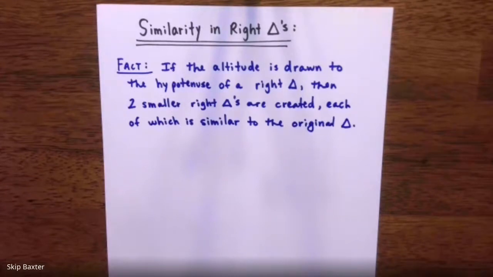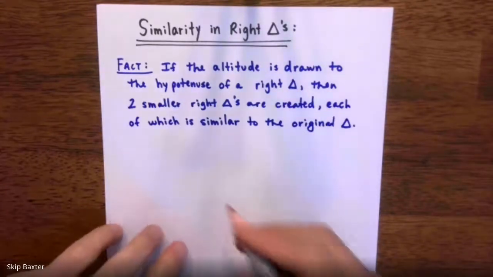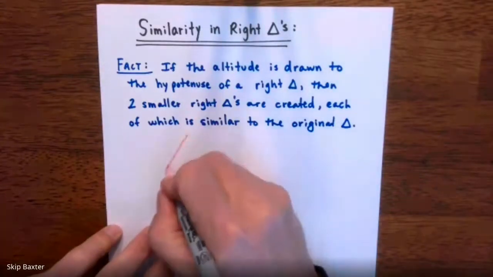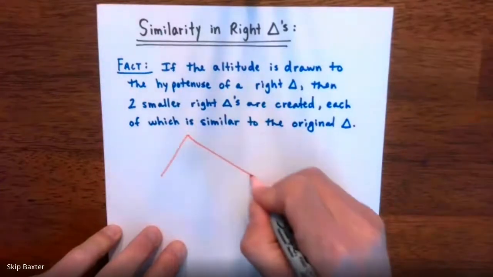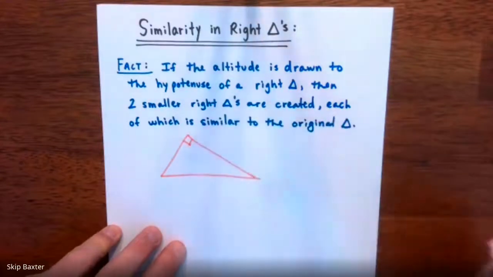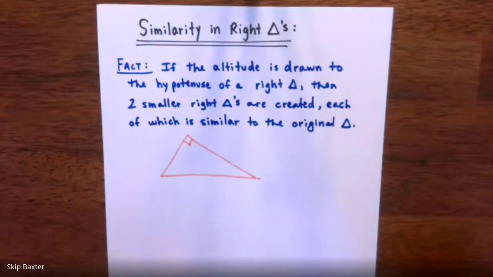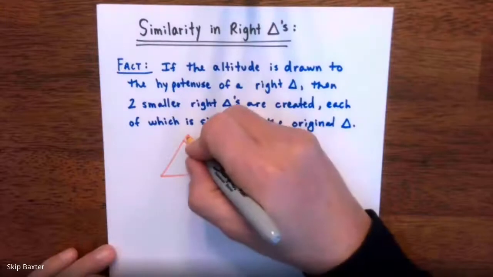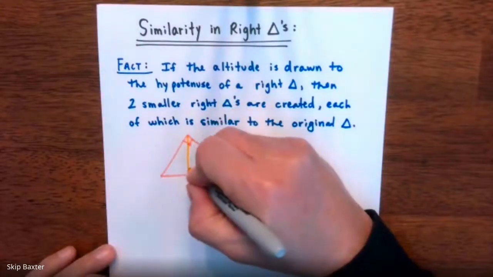So if I draw a picture of this, I'm going to draw a right triangle sitting on its hypotenuse like this. And what this is saying is if I draw the altitude to the hypotenuse, in a different color, like this, altitude drawn to the hypotenuse.